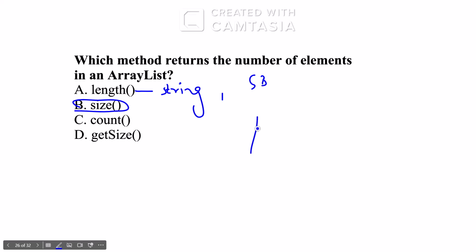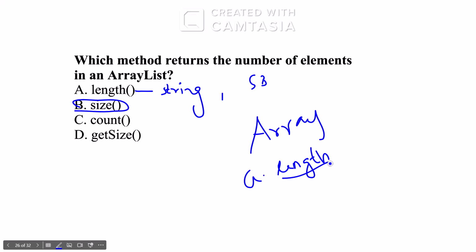So in order to count the number of elements in an array, we are using a keyword called length. Okay, so in array we are using only the length, not a function.